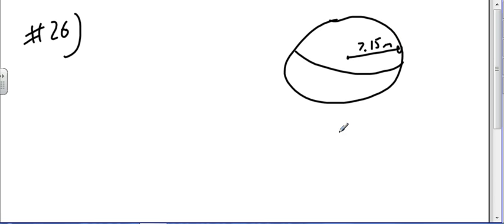And looking at the back cover of our book, we see the volume of a sphere is 4/3 pi r cubed. Okay, just in case we need that. Alright, back to what we're doing.